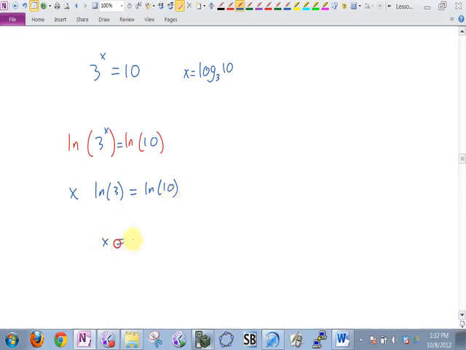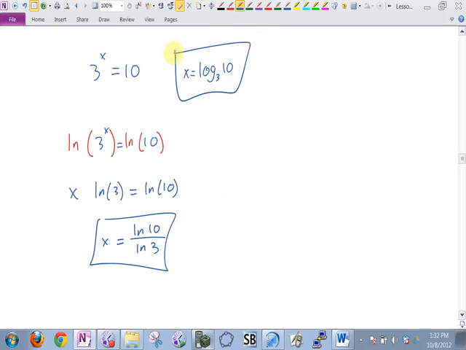Divide by natural log 3. So apparently, natural log 10 divided by natural log 3 is the same thing as the log base 3 of 10. And did I have to use natural log, or could I have used any log at this step? I could use any log. Okay, so because of this power rule, and then dividing, the change of base formula always works. Okay?